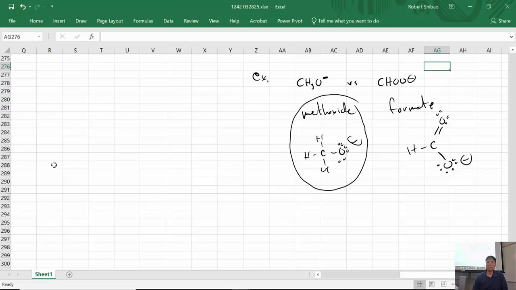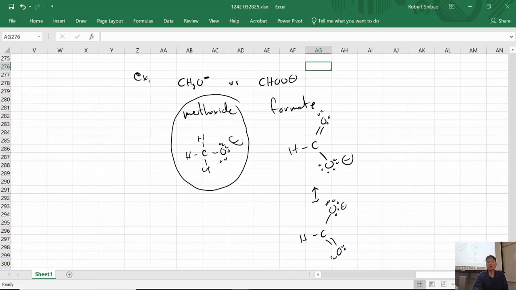There are two types of delocalization. Oh, in the resonance. Yeah, this is resonance delocalization. That's good. This is resonance, and the hybrid structure for this is going to have a negative 1/2 charge on each oxygen.